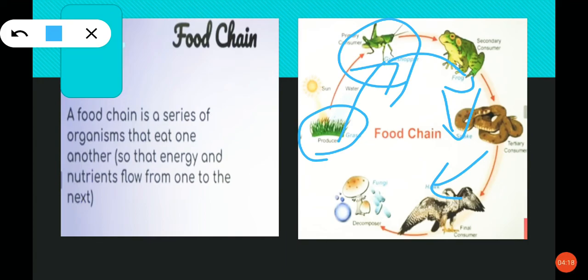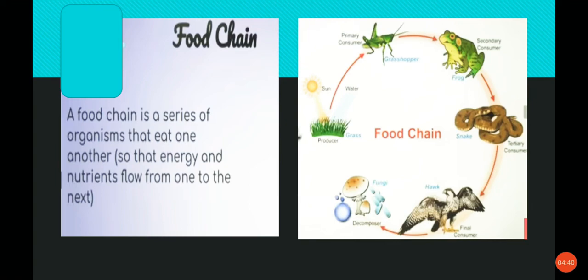This is the producer. Plants always give food, which is why plants are called producers. And from the producers, these are consumers.